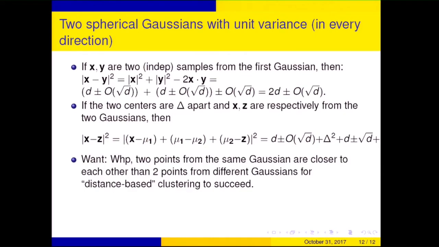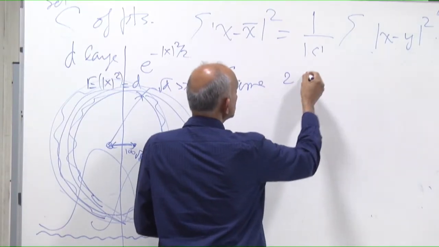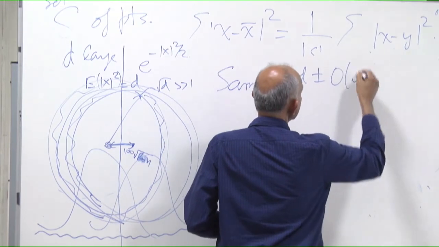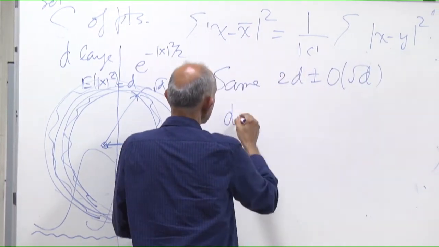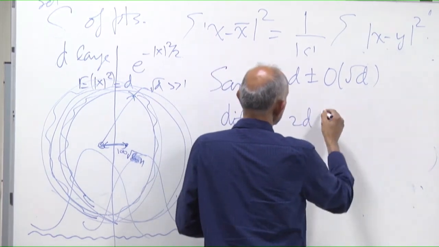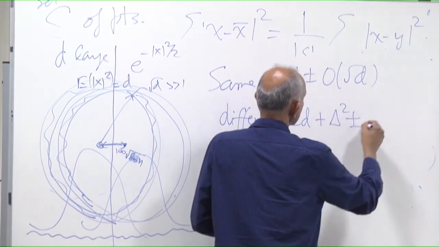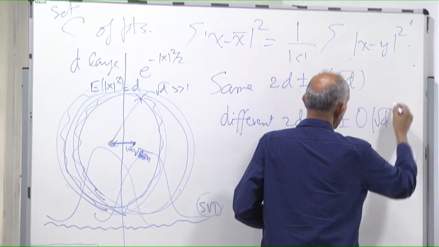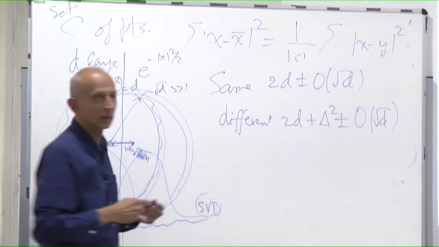Same is 2d plus or minus order root d. Different is 2d plus delta squared plus or minus order root d. Okay.